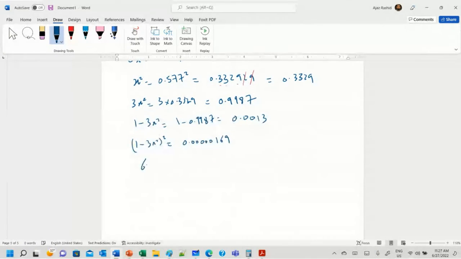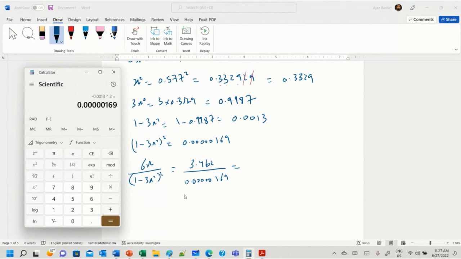Then we have 6x over (1 minus 3x squared) the whole squared, which is 3.462 divided by 0.0000169.